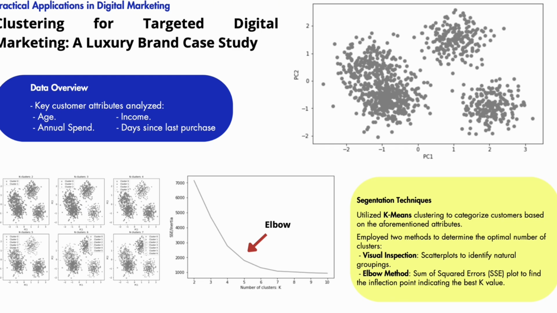PCA for visualization. We use principal component analysis, PCA, to reduce the data to 2 dimensions for easy visualization. The first principal component, PC1, captures economic status by combining income and spending. PC2 may represent purchase frequency, distinguishing customers based on how often they shop.